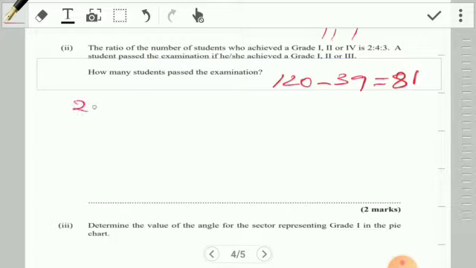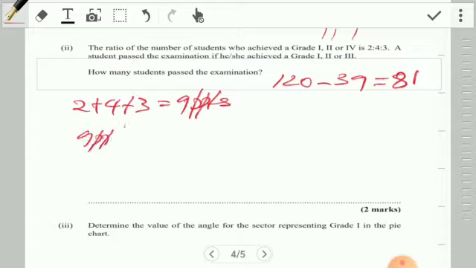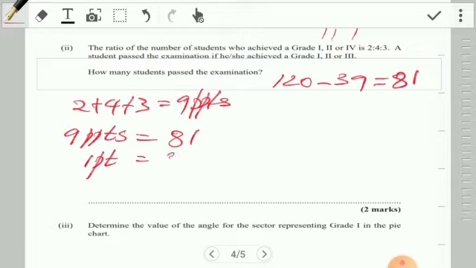So if we add up the 2 plus the 4 plus the 3, we get 9 proportional parts. So it simply means that the 81 was divided up in that way. Now we could look at it from this point of view: 9 proportional parts is equal to 81. So 1 part is 9.